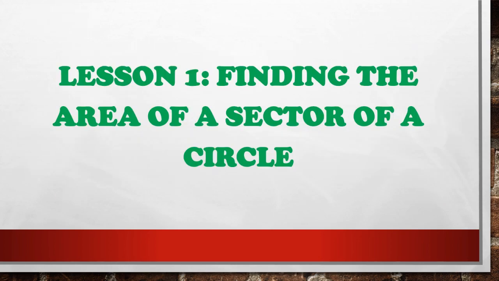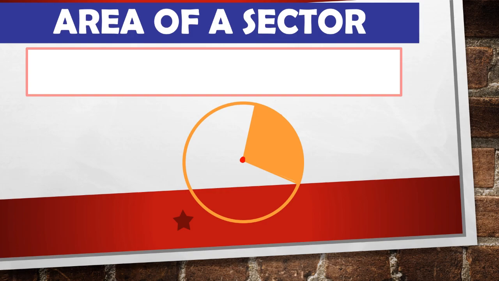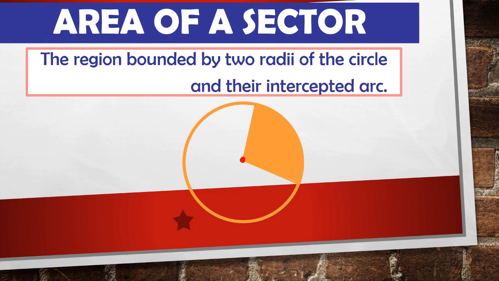Next. Okay, so ngayon, let's proceed to our lesson proper, which is finding the area of a sector of a circle. So, paano nga ba yan nakukuha? So, the area of a sector, ulitin natin, base sa naging illustration natin kanina, it is the region bounded by 2 radii of the circle and their intercepted arc.